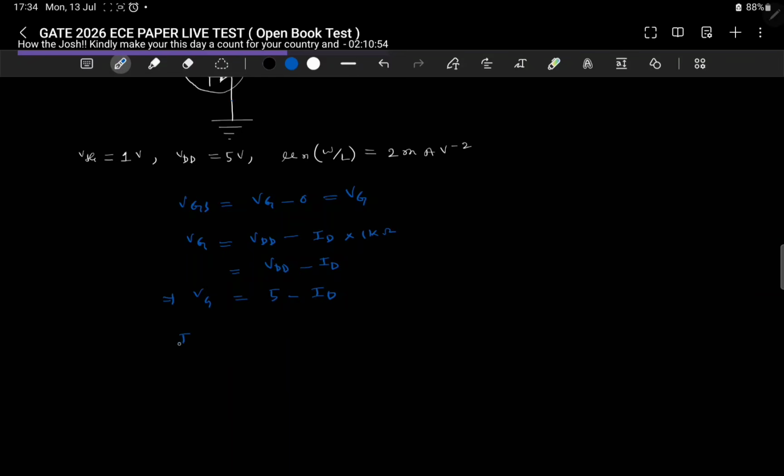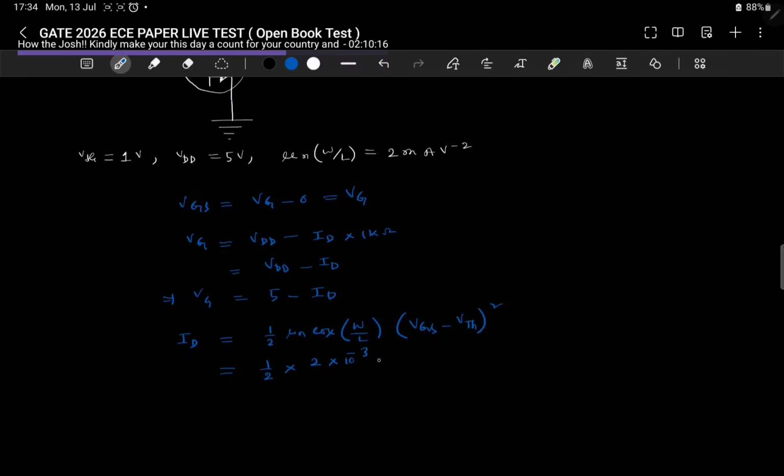Now the current equation, we can write this, given Un Cox W by L (VGS minus VTH) whole square into 1/2, 10 to the power minus 3.